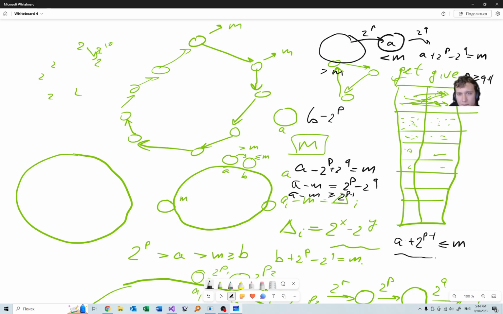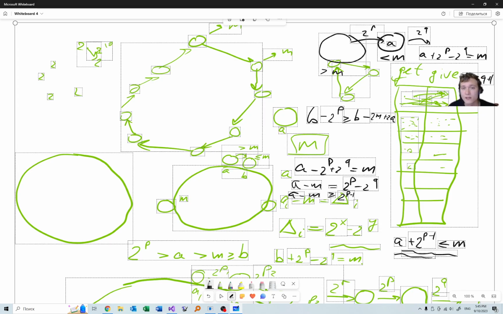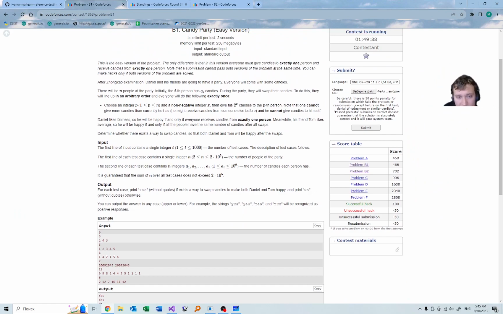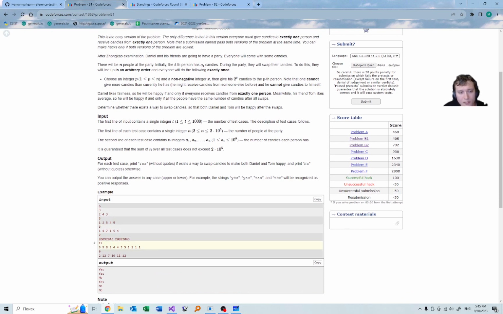Okay, let's replace this. So this is at least b minus 2m and plus 2a. Okay, I can't see anything. So, okay, it is fine that we cannot do it. Let us just try.